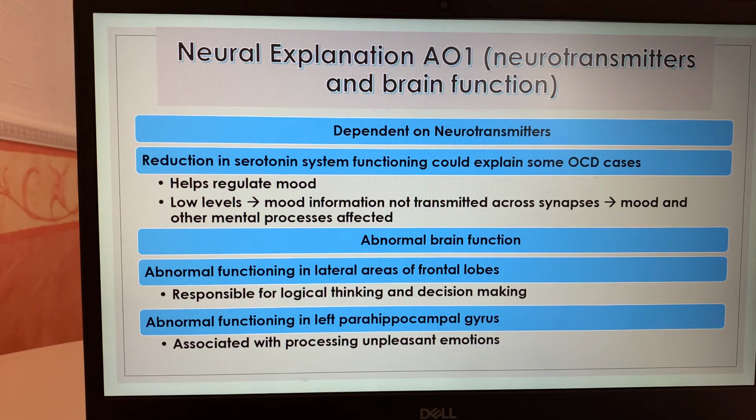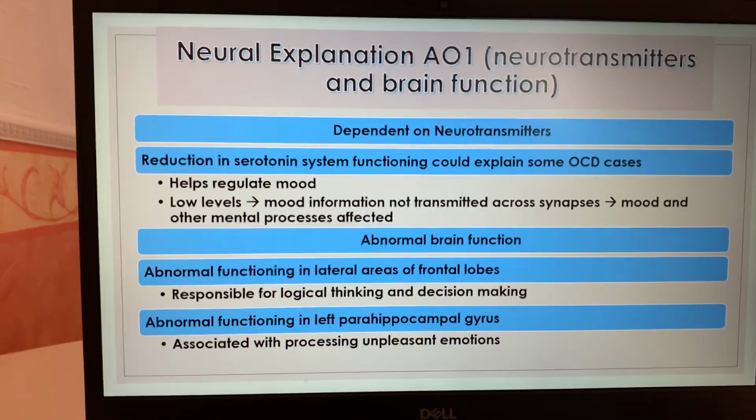And this is associated with processing unpleasant emotions. So if both of these brain systems are functioning in a way that isn't neurotypical, then we're going to have some kind of manifestation, aren't we? So if you're not able to process emotions neurotypically, that's going to impact on your day-to-day life.